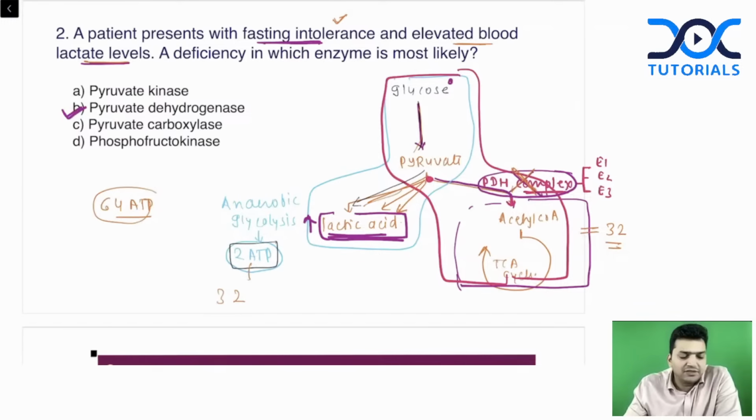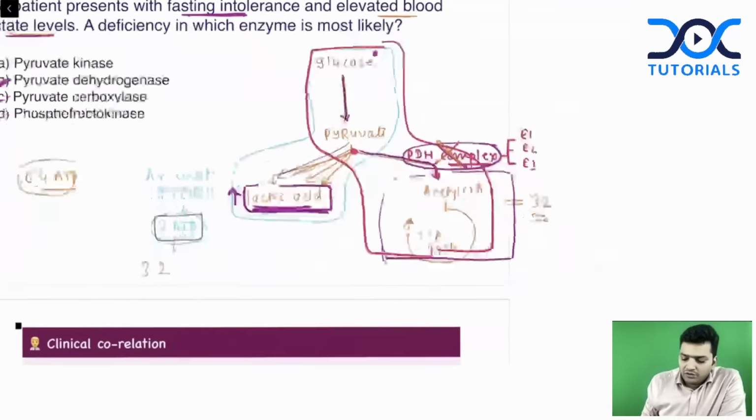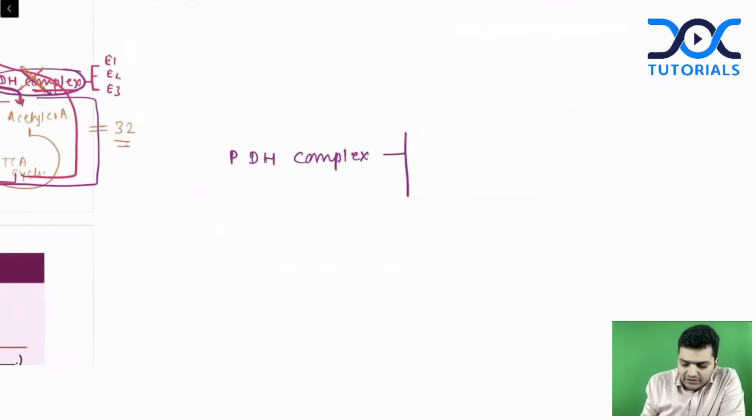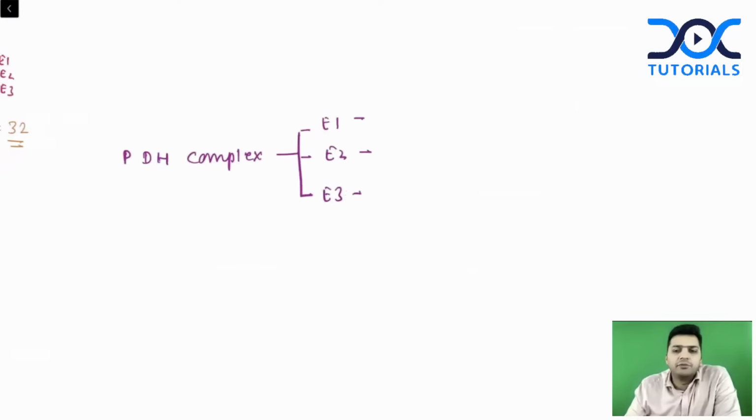Pyruvate dehydrogenase deficiency, right? Another question that comes from the pyruvate dehydrogenase complex is, as I told you, it is made up of three subunits of the enzyme: E1, E2, E3. Sometimes they ask what are the names of these subunits. The E1 is also called the pyruvate dehydrogenase.